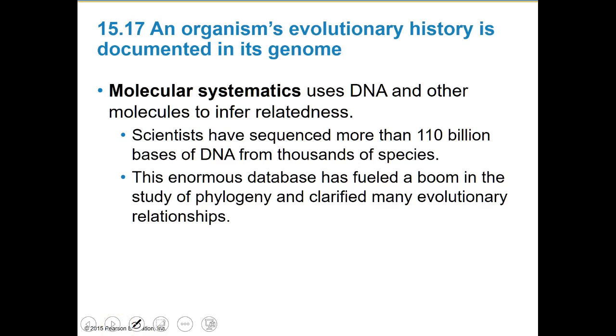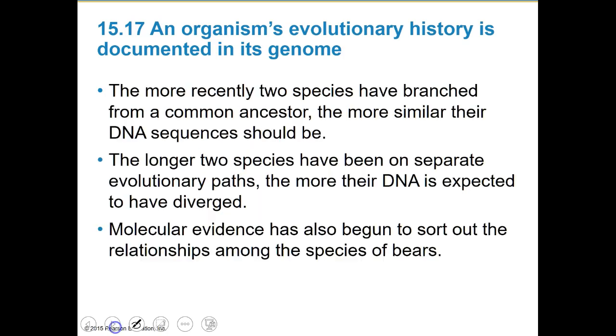Pretty gnarly. We also have molecular systematics, and it uses DNA and other molecules to infer relatedness. So we've sequenced more than 110 billion bases of DNA from thousands of species. So an enormous database has fueled the boom in the study of phylogeny, good lord, and clarified many evolutionary relationships.